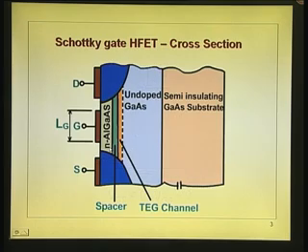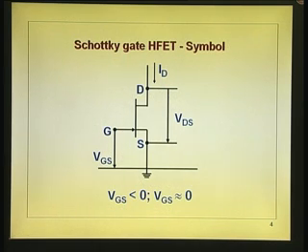Now, this also suits us to draw the equivalent representation of this HEMT, because each device has its own representation. This is the representation symbol. A circuit engineer can't be putting the entire device structure there, so they will put the symbol. You can see it is almost like the case of the MESFET or the JFET, except this arrow is not at the center, but shifted to the edge, indicating that you have the injection starting at the source end.